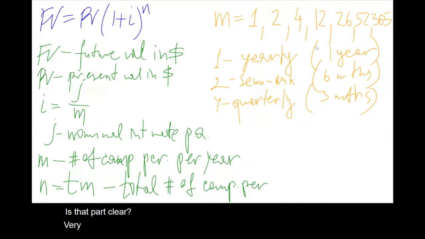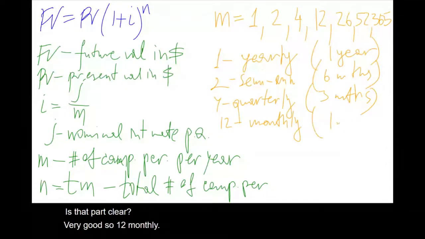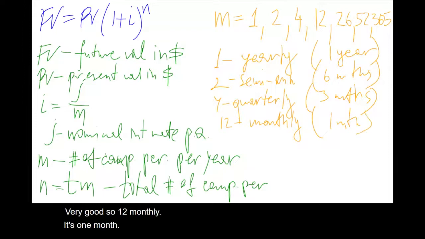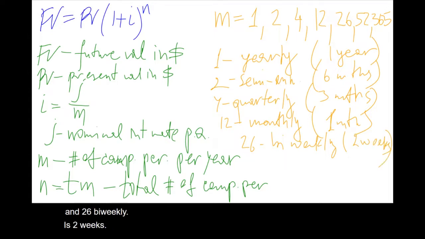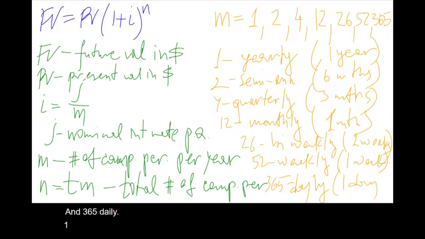Very good. So 12 is monthly, it's 1 month. 26 is bi-weekly, which is 2 weeks. 52 is weekly, 1 week, and 365 is daily, 1 day.